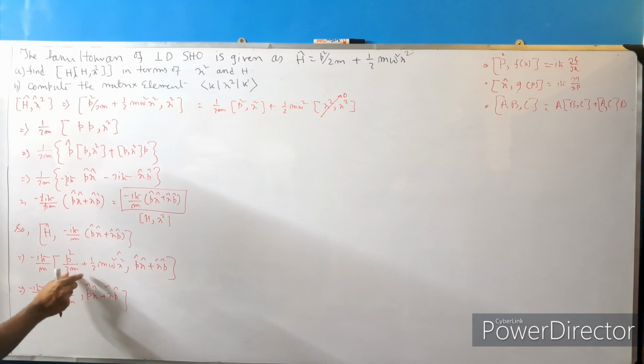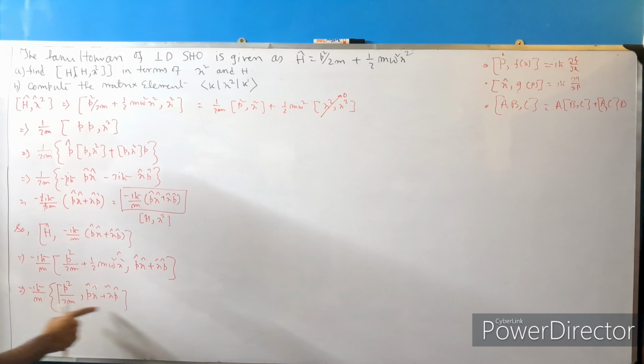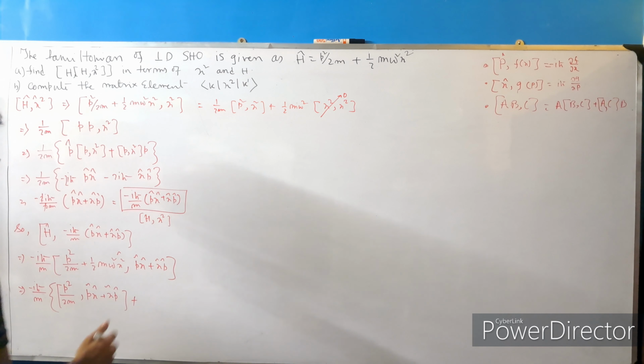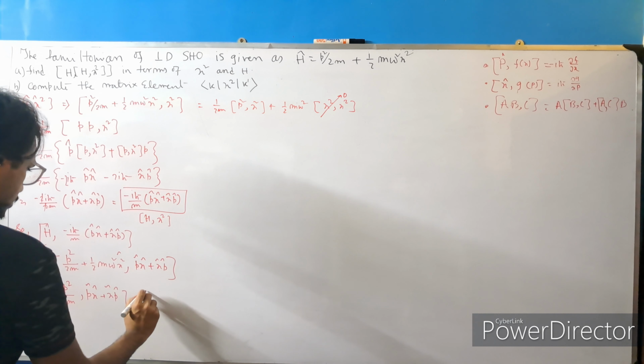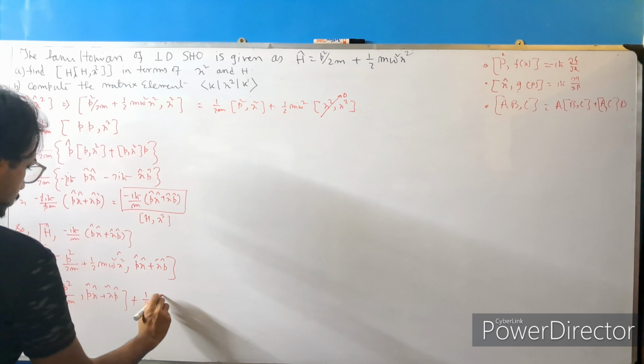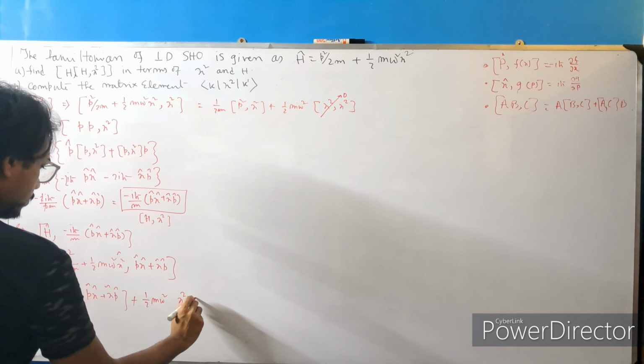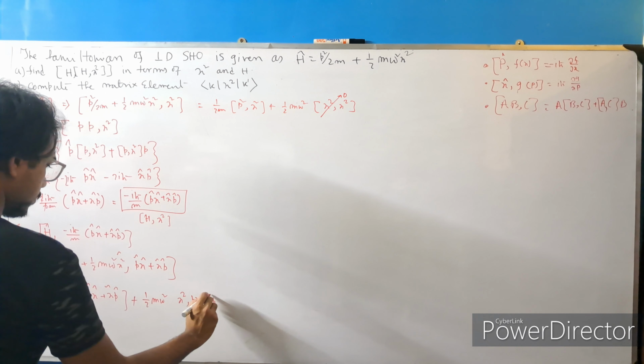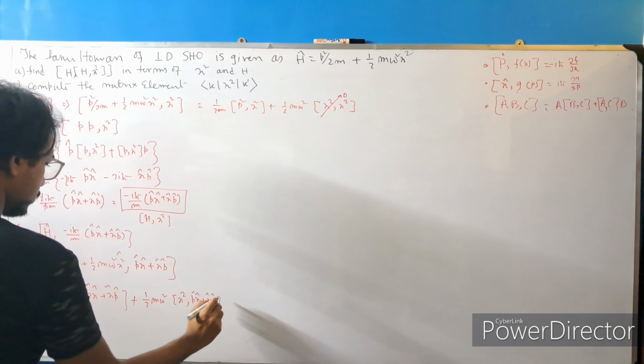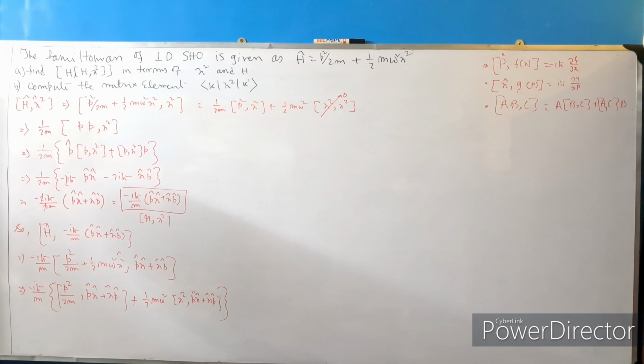I have taken the commutation of this, and then plus this with this. Now, this is my way; it is not necessary that you have to do it, but this is my flow.